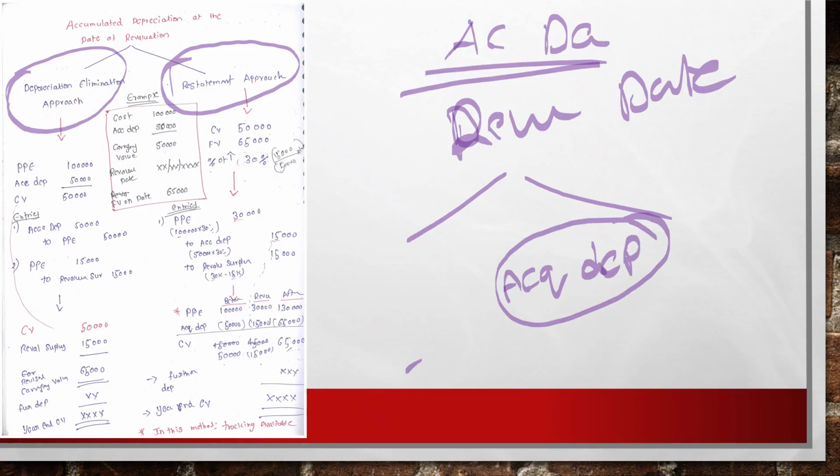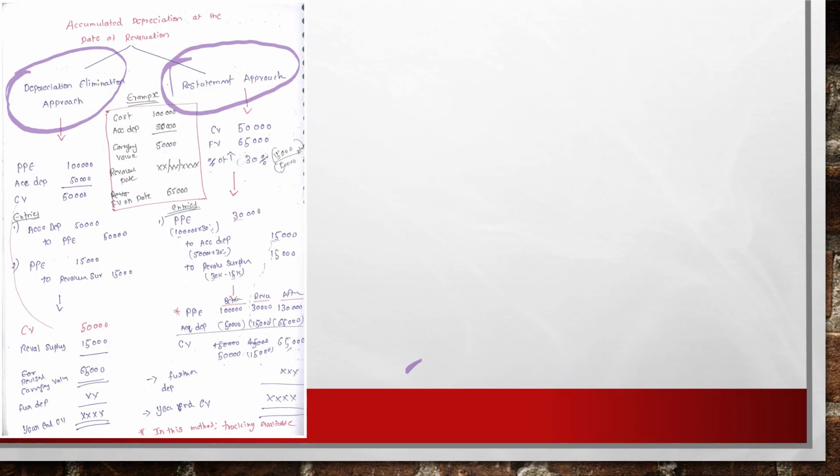Suppose I take year 1. We have a cost of 1 lakh, and then depreciation 10,000. This is accumulated depreciation.